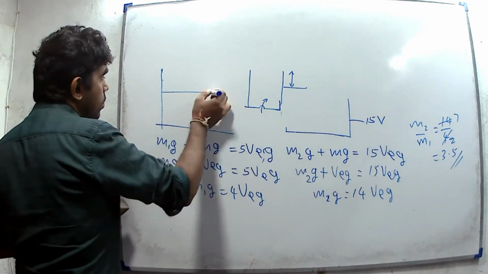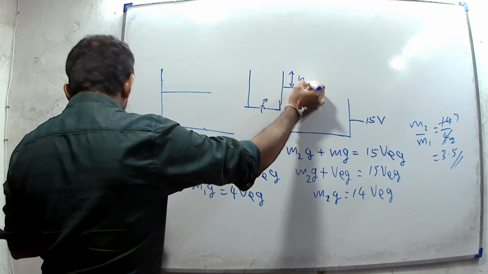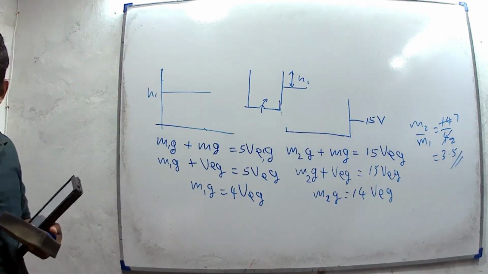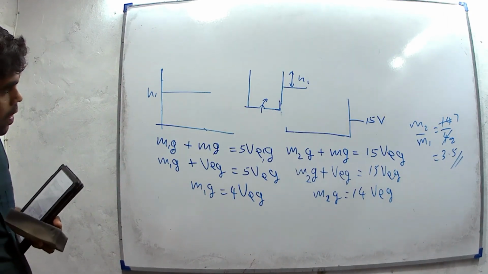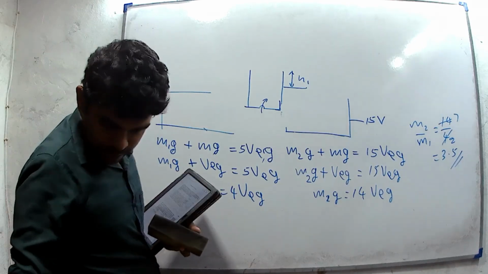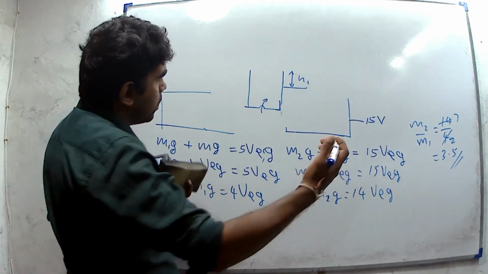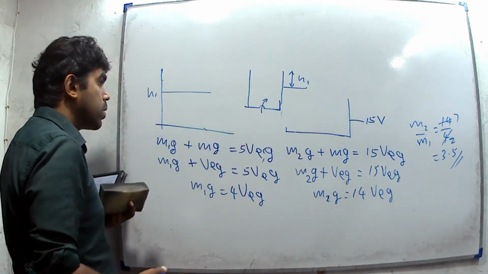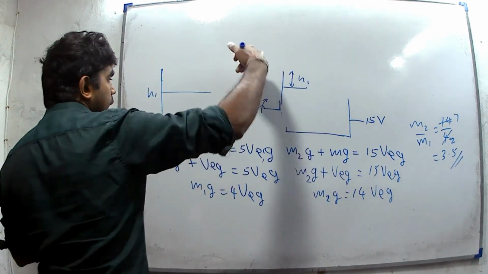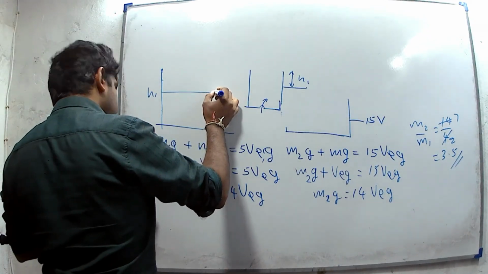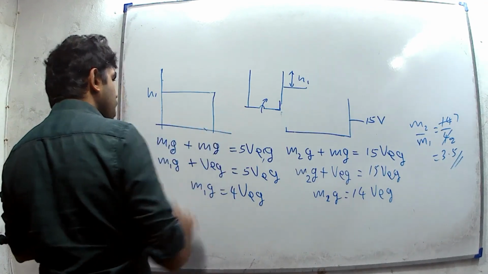Therefore, this h1 height should be constant. But when fully immersing, water will flow over the brim of the container. Therefore, when fully immersed, h1 is 0.